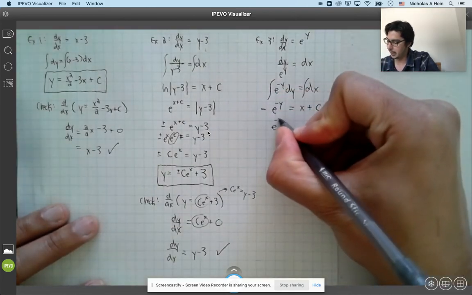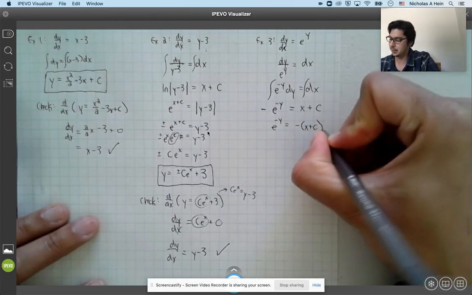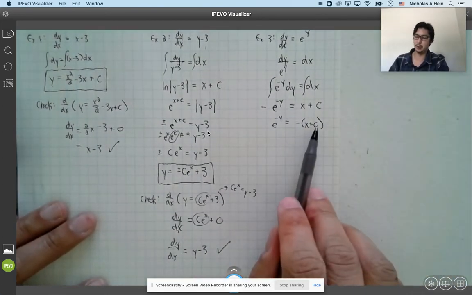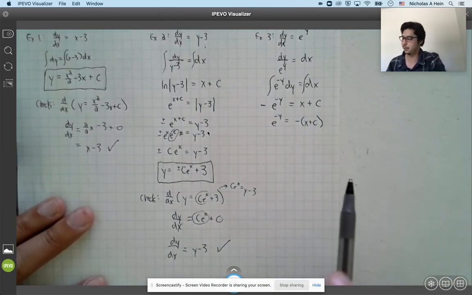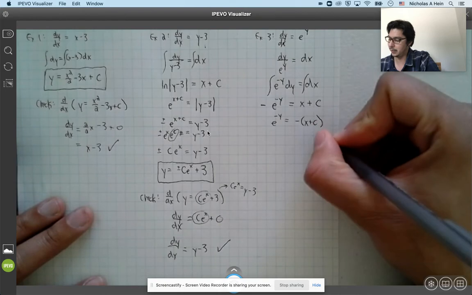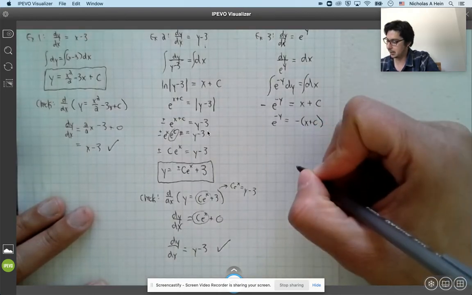Okay. Doing a little bit of algebra here, we get e to the negative y equals negative x plus c. Now notice the way I'm treating this is that c I'm treating as some number now. So I'm going to treat it like a number as I go about all of this. Okay, so negative and all of that would be together. And then we're going to rewrite this as a natural log.